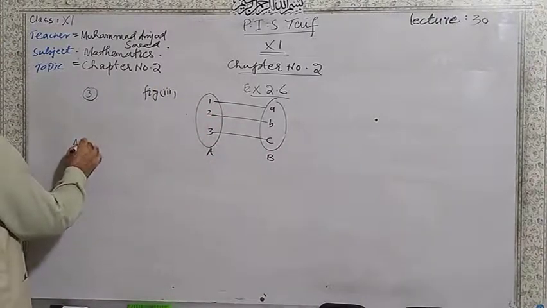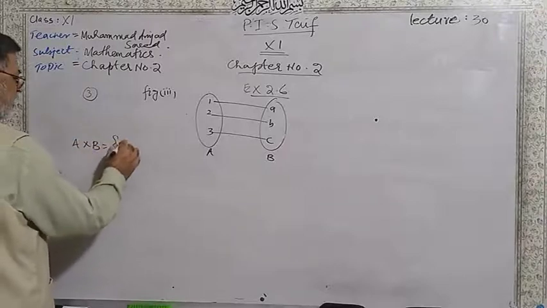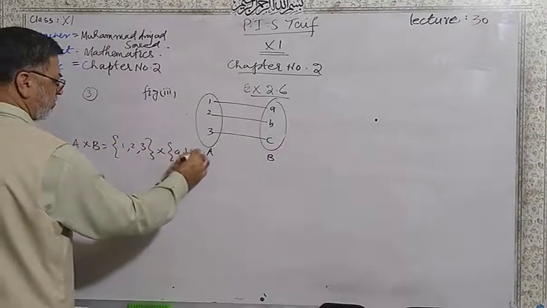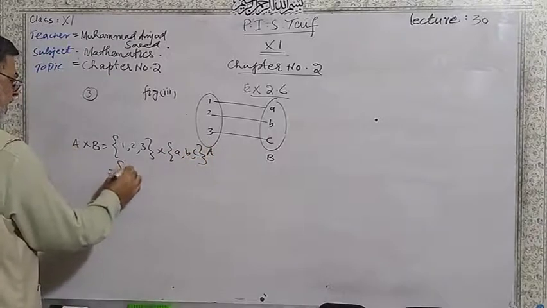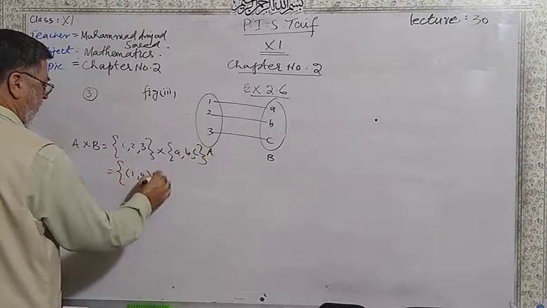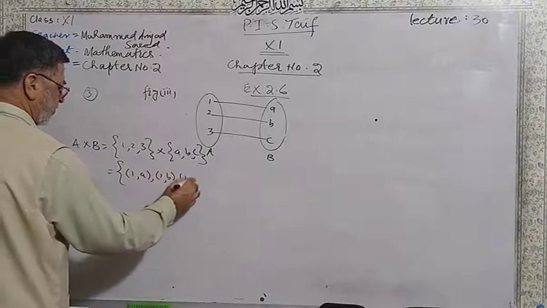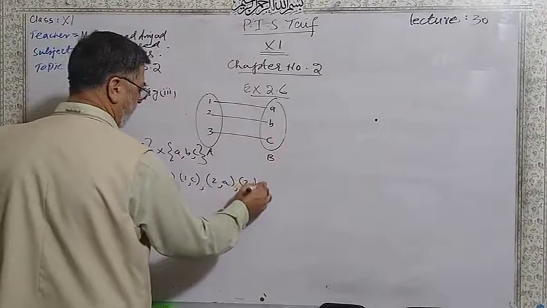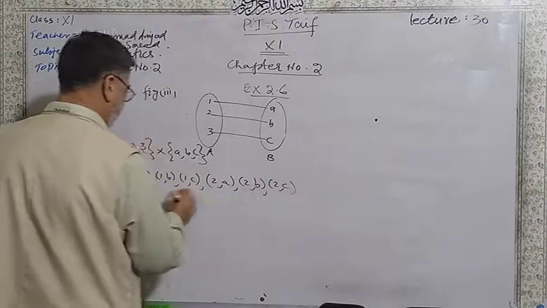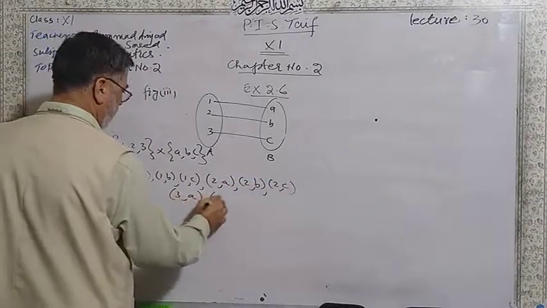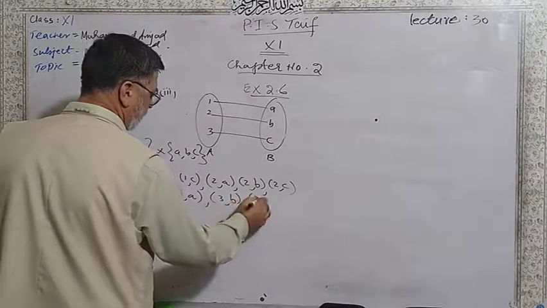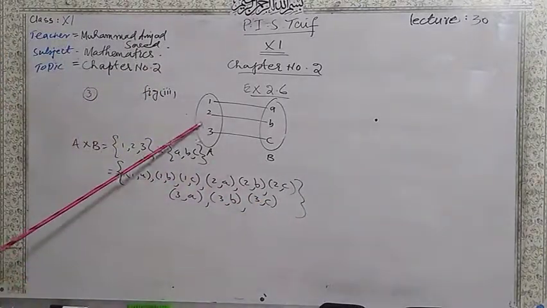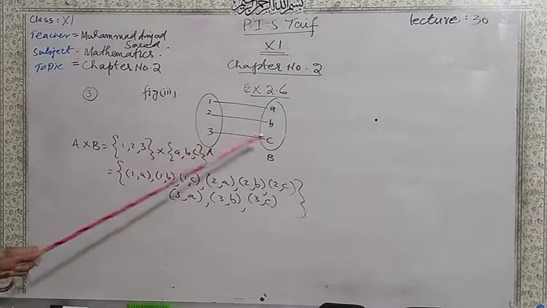Then take the Cartesian product of these sets. Here is 1A, 1B, 1C, 2A, 2B, 2C, 3A, 3B, and 3C.